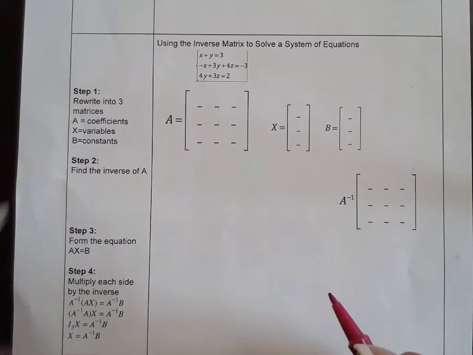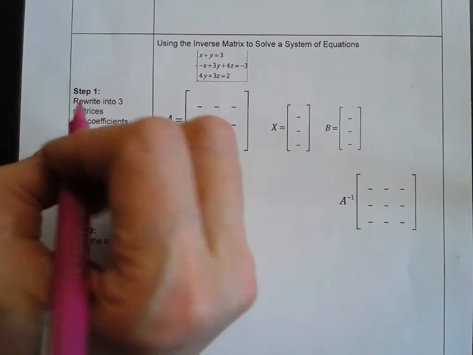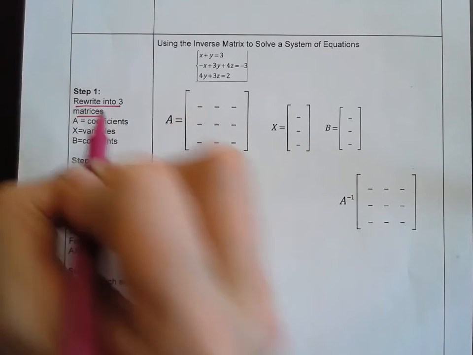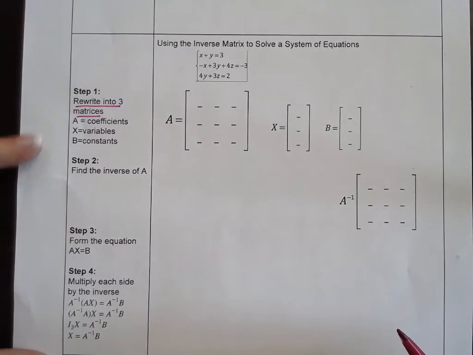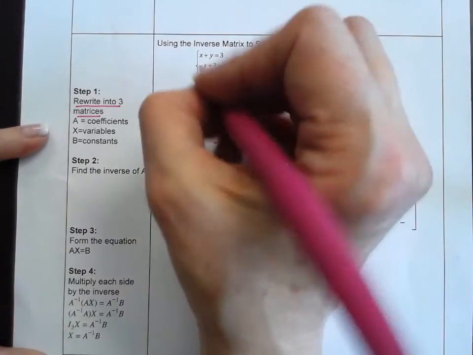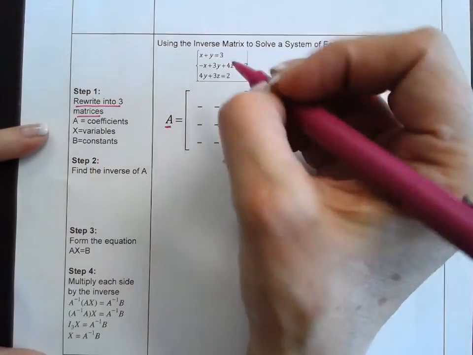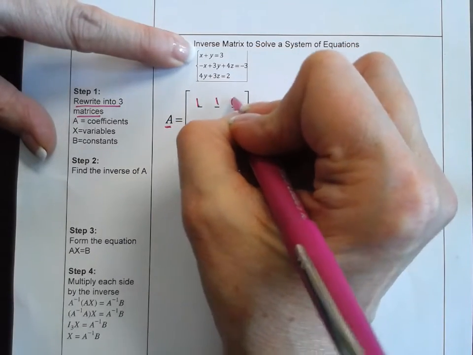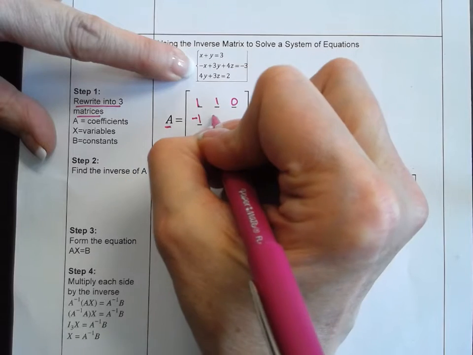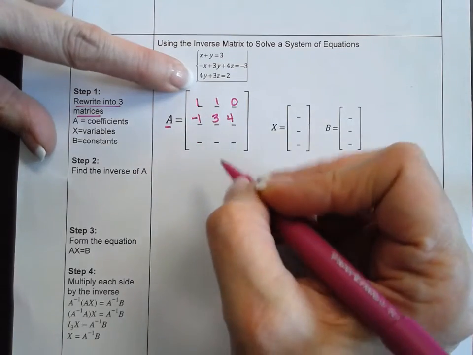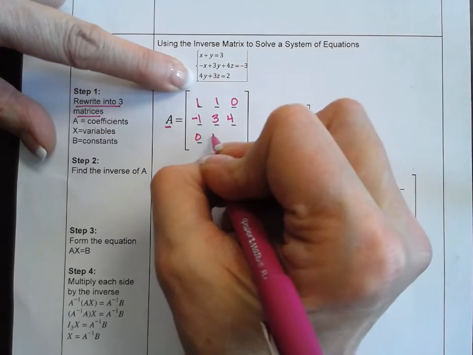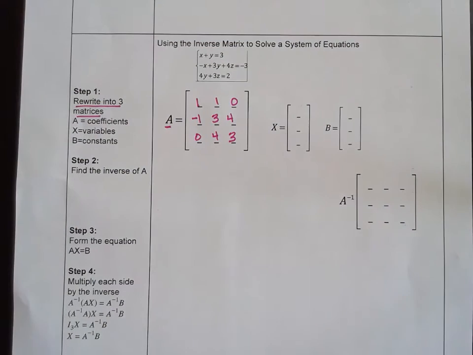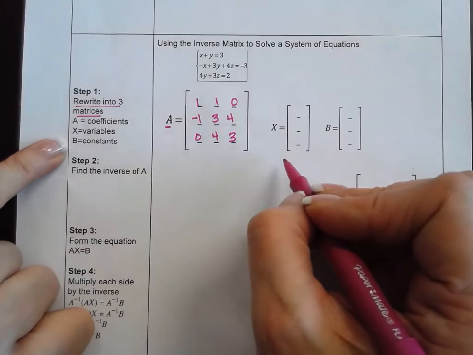All right, the first step is we're going to write it into 3 different matrices. Your A is going to be your coefficients. So I'm going to have 1, 1, 0, -1, 3, and 4, and then 0, 4, and 3. Is everybody with me on that part? Now you're going to make another matrix.